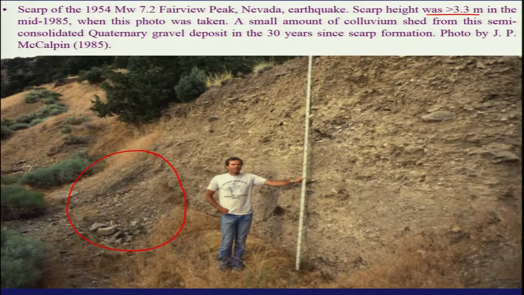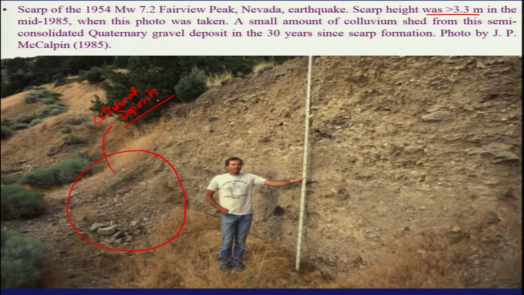Over time this will also get covered up, and you will have the preserved material, that is colluvial material, along with the scarp profile. So this will be your colluvial deposits.